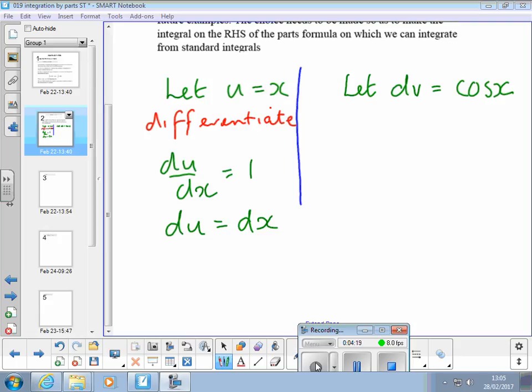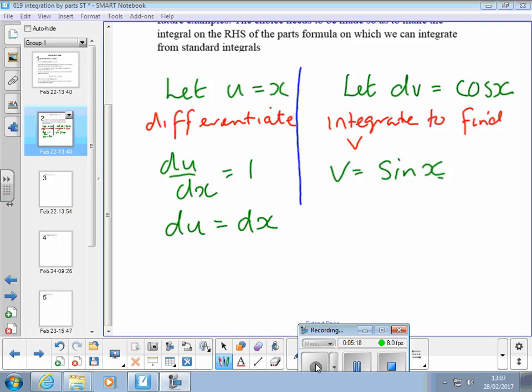And the other, what we need to do is integrate dv to find v. This is the differential of v effectively, so we end up with v, say v is equal to sin x.